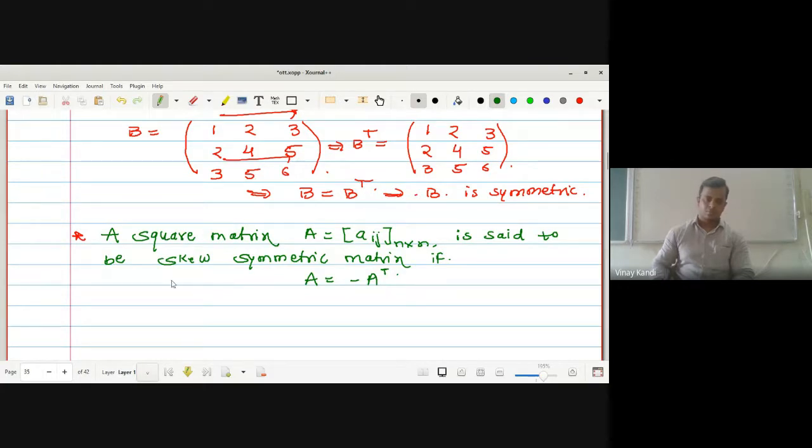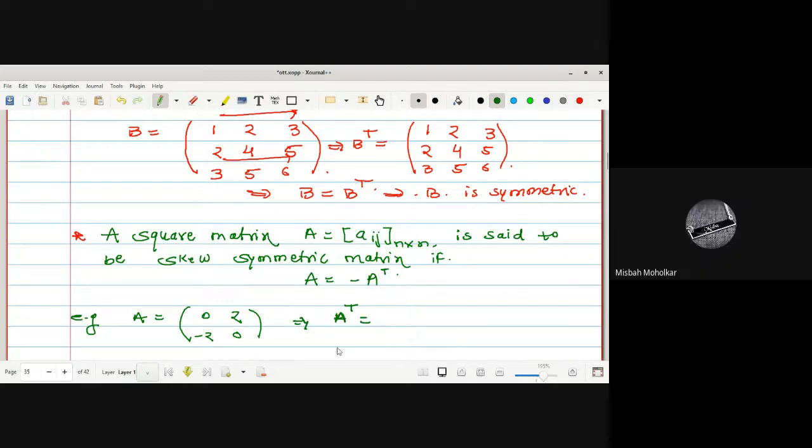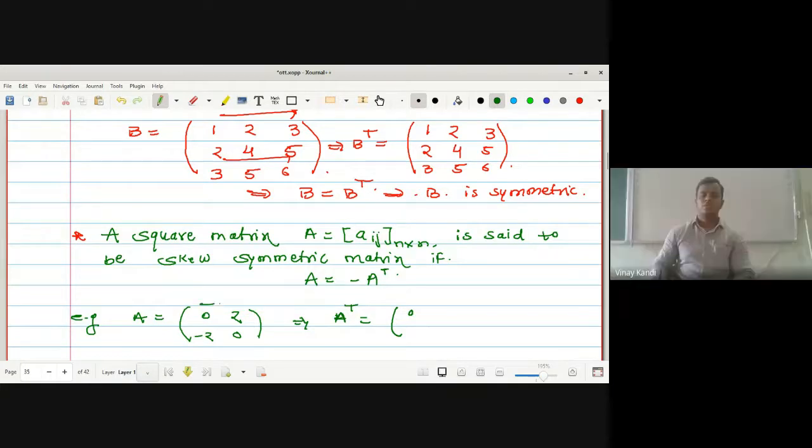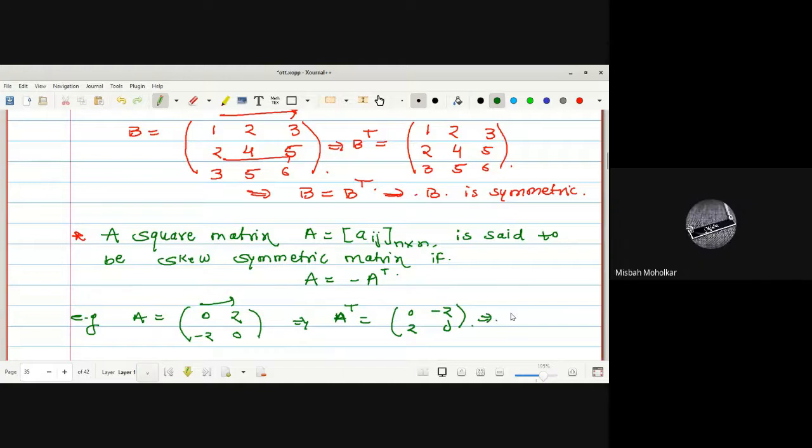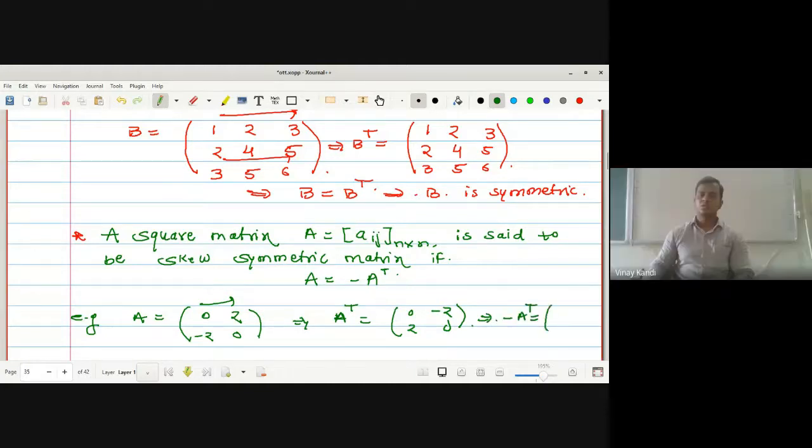For example, if A is equal to 0, 2, minus 2, 0, what is A transpose? A transpose is 0, minus 2, 2, 0. Now minus A transpose: multiply the minus sign to all the elements of this matrix.